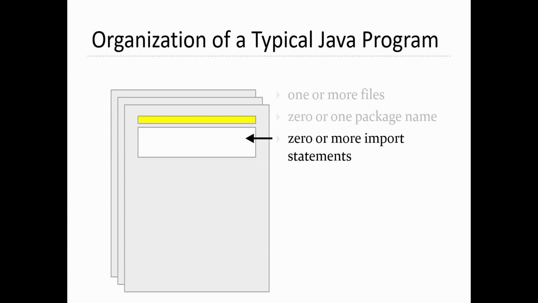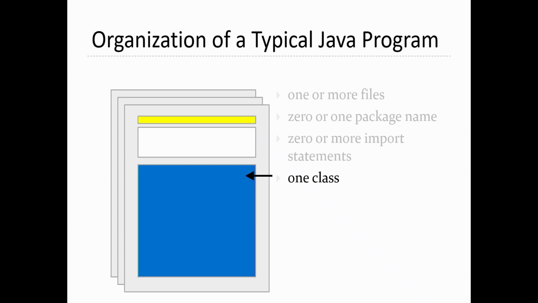If your class needs the functionality of a class that's in a different package, you import those other classes into your class so that you can use them. And then there's typically only one class inside of a single source code file. That's not necessarily the case, but that's often the case. There's one class per file.